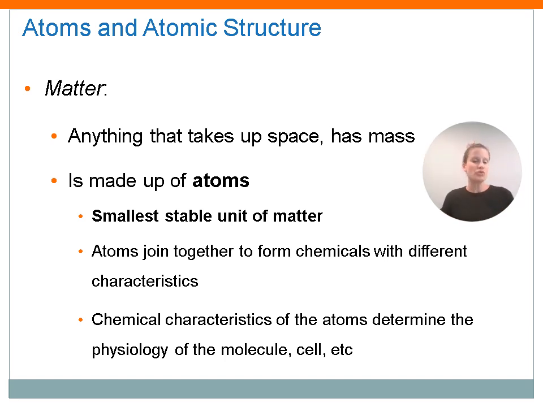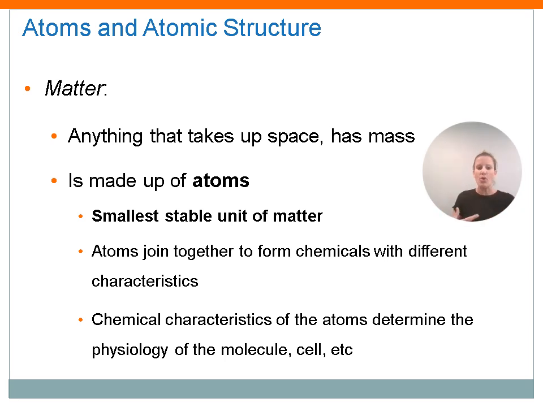Now, again, these are very, very small. So we're saying that our body is made up of atoms, but atoms are tiny. So how is it that we get to this big human body? Well, those atoms join together to make bigger things.